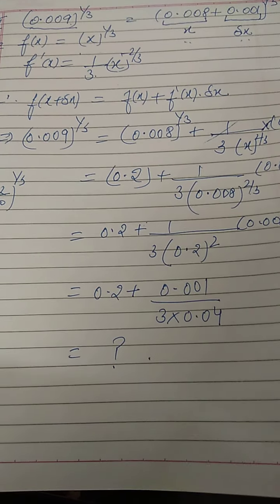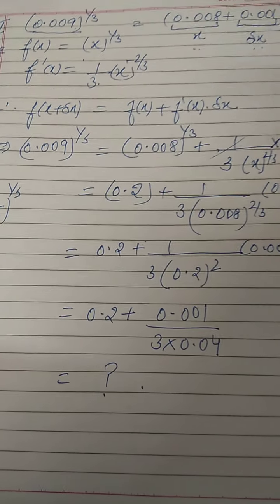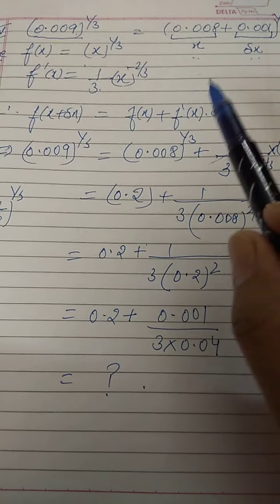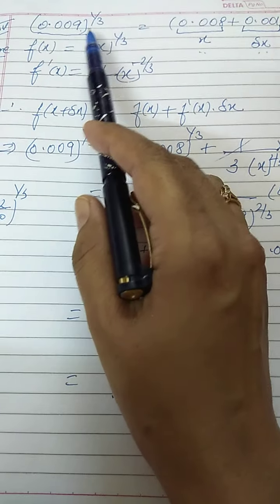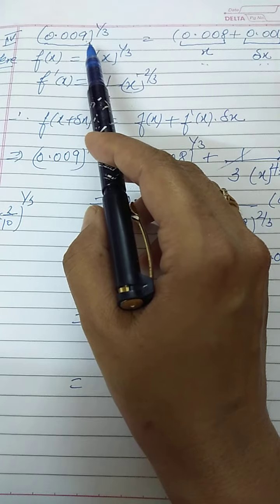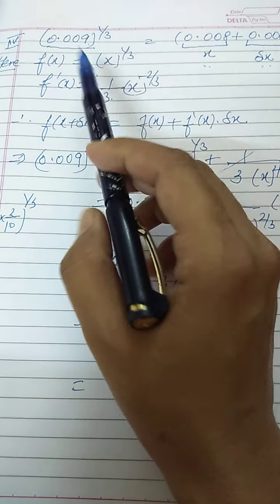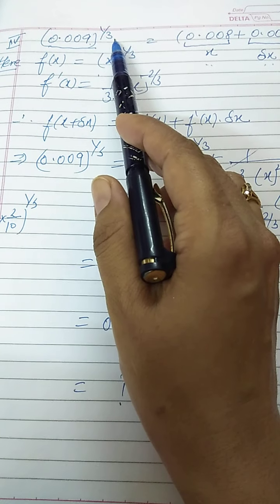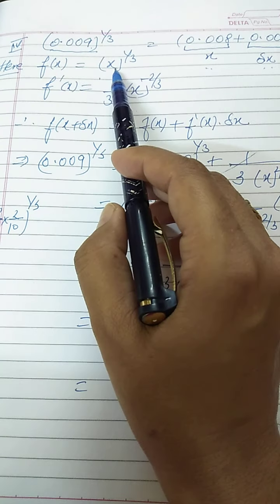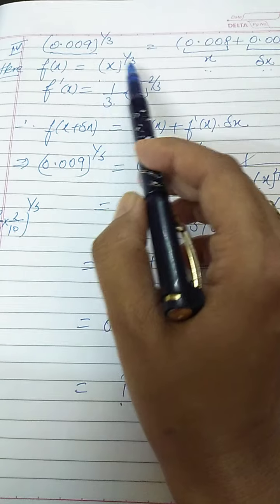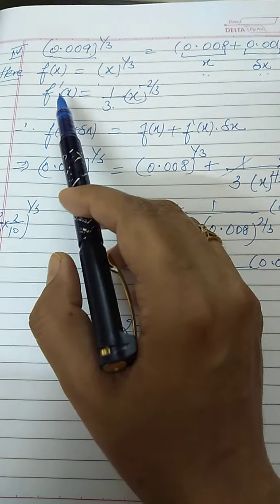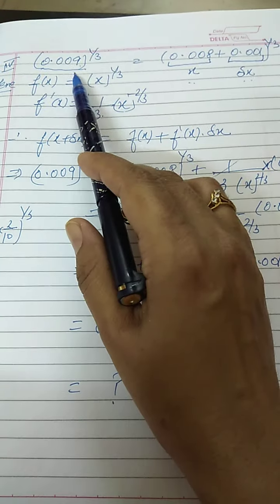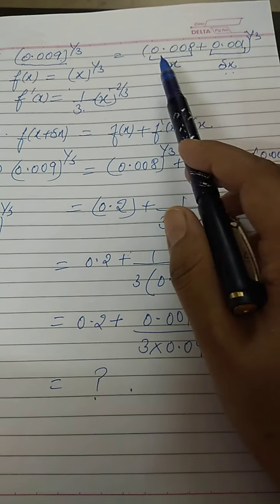My motive is to make you understand the concept here. I am repeating, whatever number is given, first of all we will check what is the nature of the function, means what type of function is given. Here it is some number raised to power 1 by 3, and if this number I replace by x, I am getting the function x raised to power 1 by 3. Then we will write down the number in such a way that I know the cube root.